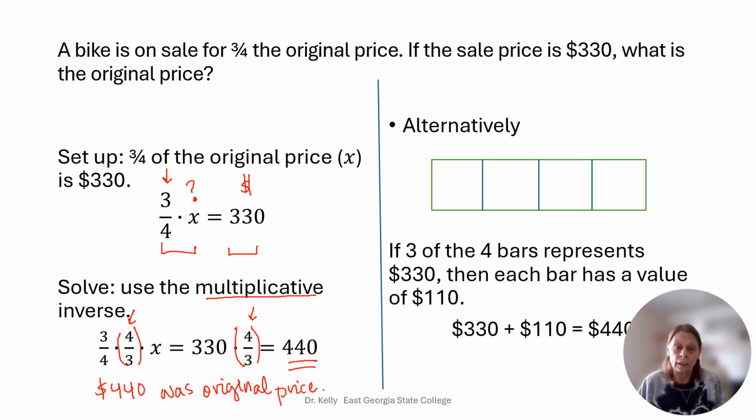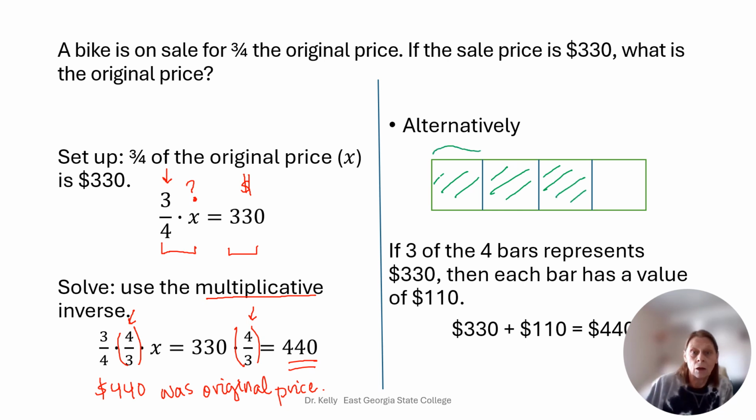So visually, you know, 3/4 means 3 of the 4 bars represent $330. So I'm just going to cover this up like this. And all of this is equal to $330.